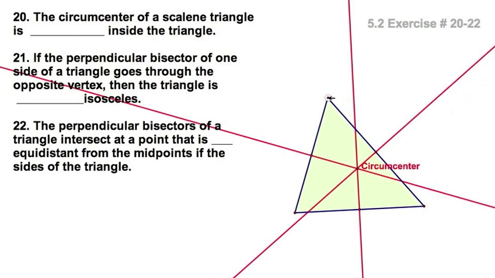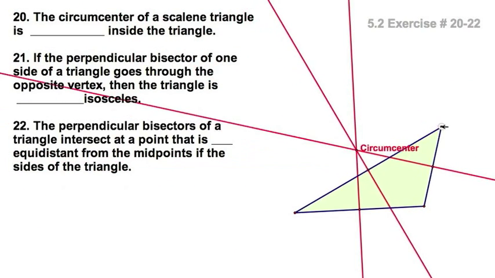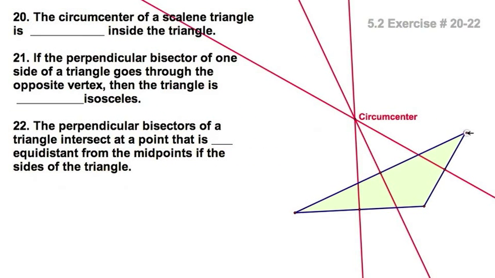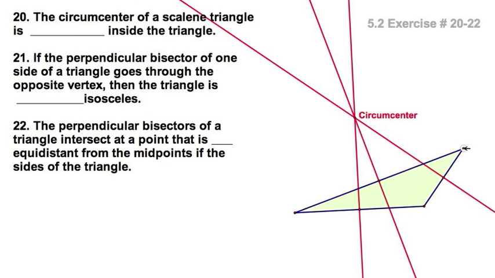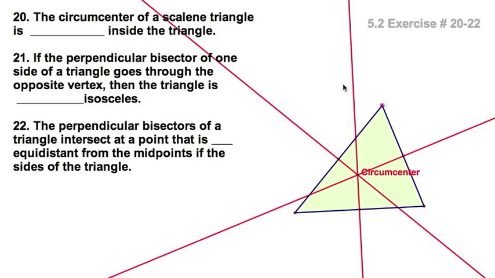Well, it is right now, but now it's on the triangle, and watch this. And now, oh, it's outside. Yeah, this scaling triangle happens to be obtuse. So it might be on the inside, might not. So that's going to get a definite sometimes.